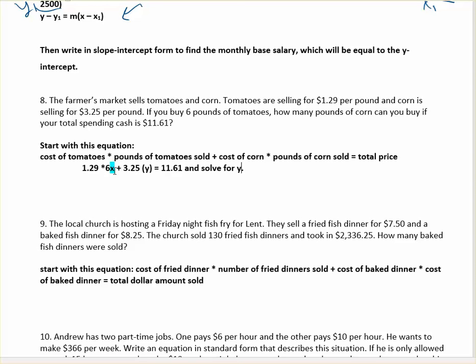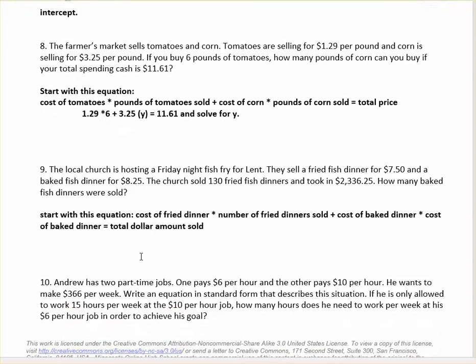So you just have to solve this equation. So 1.29 is the cost of tomatoes. Let me just go through this again, times 6 pounds of tomatoes. Yeah, those two go together. And then 3.25 for the corn times we don't know how much corn was sold is equal to 11.61. And then we just need to solve this for our missing variable. And number 9 is very similar to that.